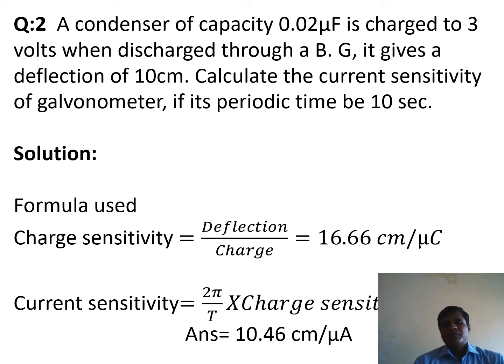So substitute the values of charge sensitivity in the current sensitivity formula, that is current sensitivity is equal to 2 pi upon T multiplied by 16.66 centimeter per microcoulomb. And the final result of current sensitivity is equal to 10.46 centimeter per microampere.